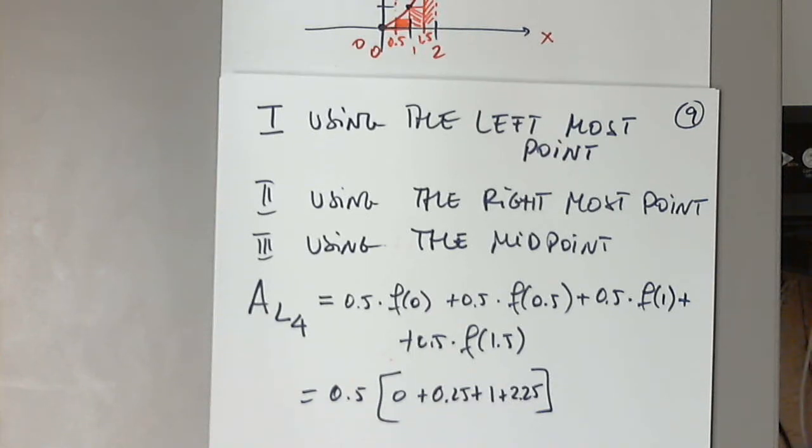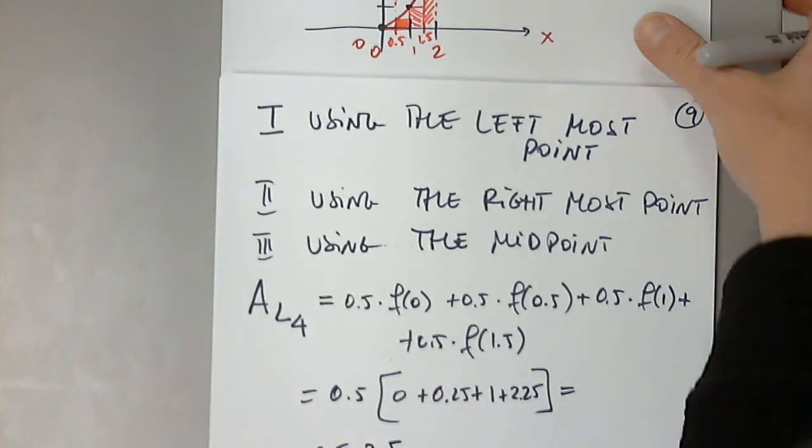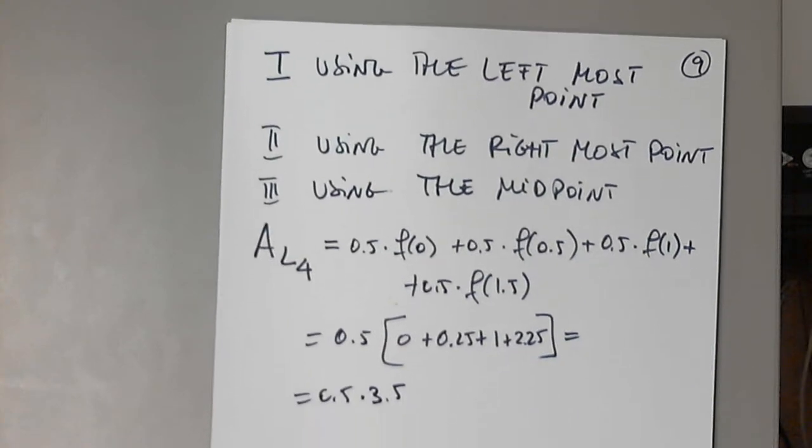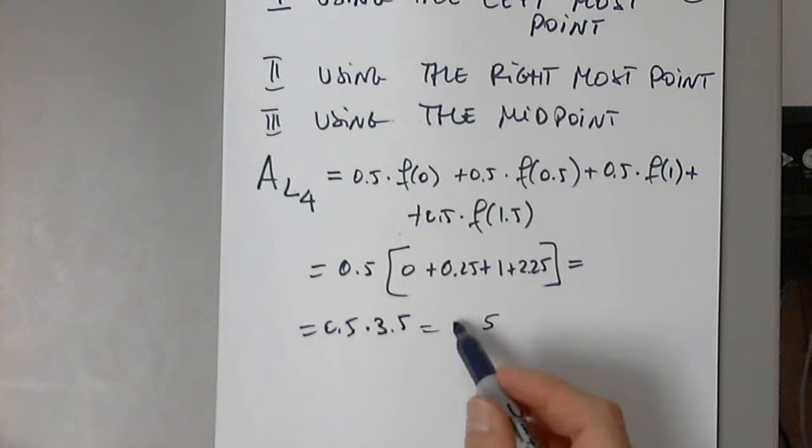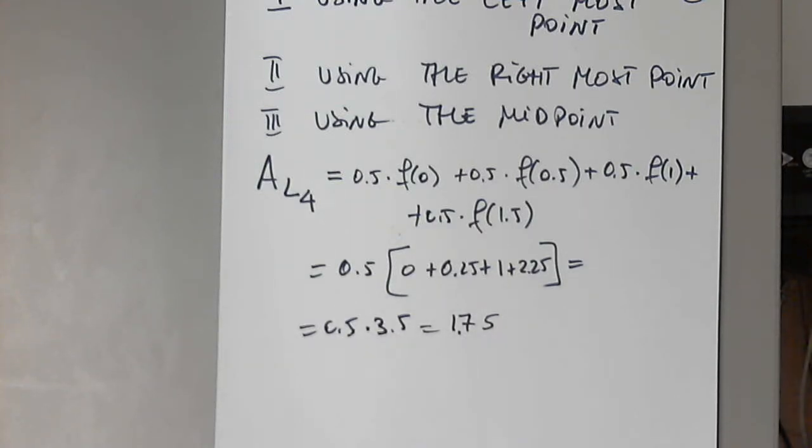Remember, our function is x squared. So this is 0.5 times 3.5, is it? Correct me if I'm wrong. Okay, so with 2 decimal digits, the first area with left 4 is 1.75. This will be the lower bound of what we are going to determine.